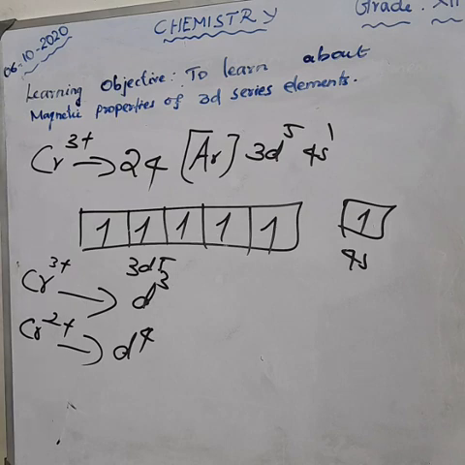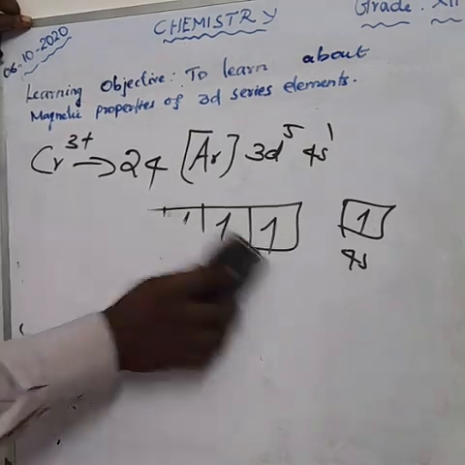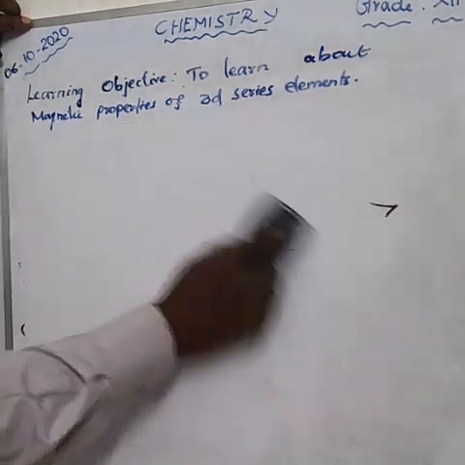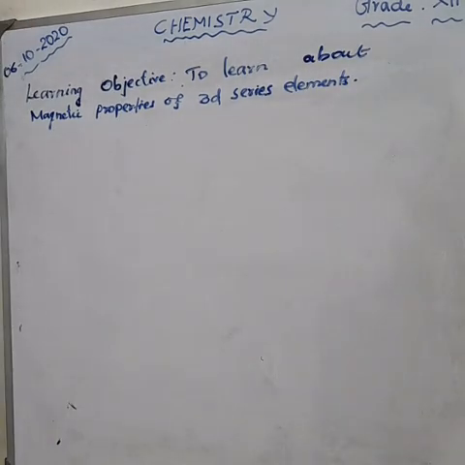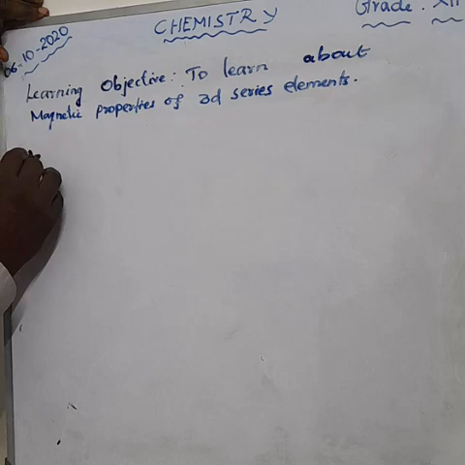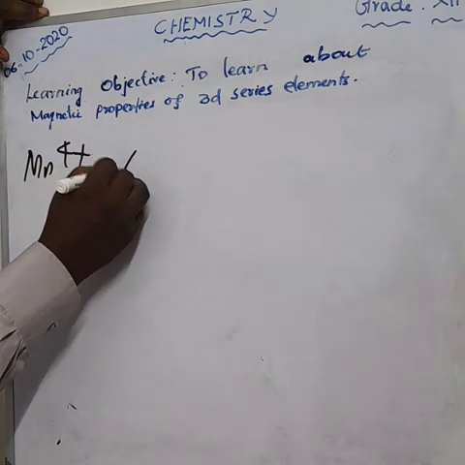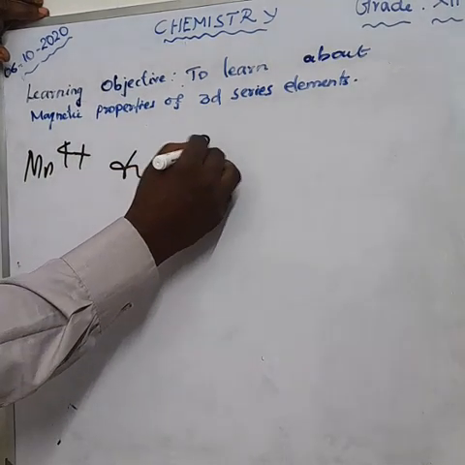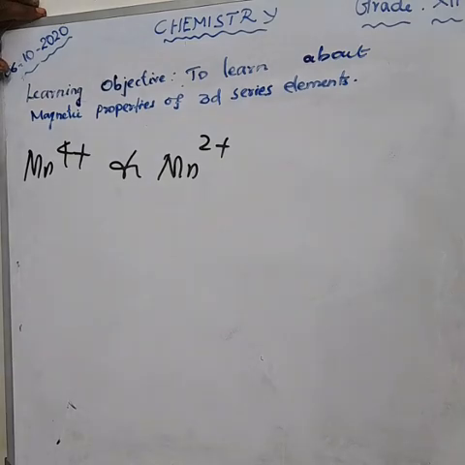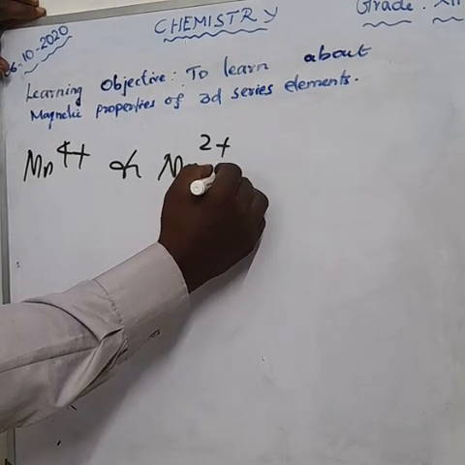Okay. Next we are writing about manganese. Manganese is also very important. What is the configuration of manganese ions? Manganese ions means we have Mn4+ and also Mn2+. Both are very important. That is Mn4+, Mn2+, and also we have Mn3+.